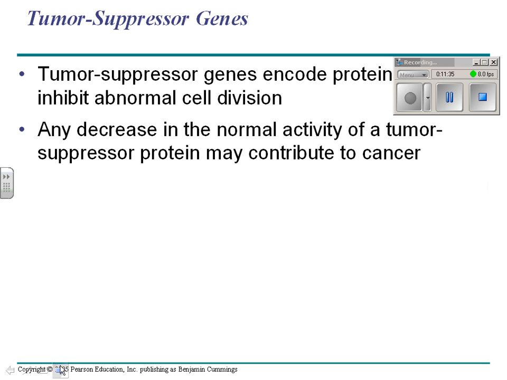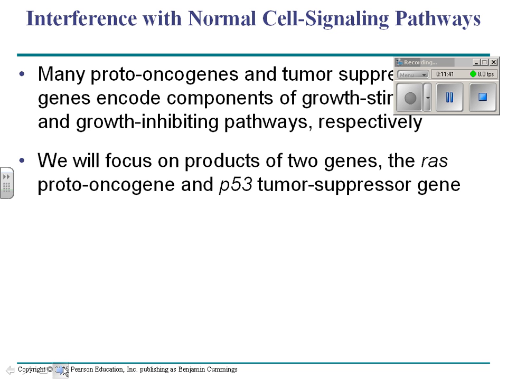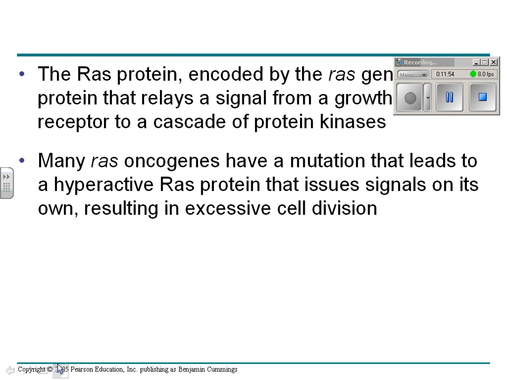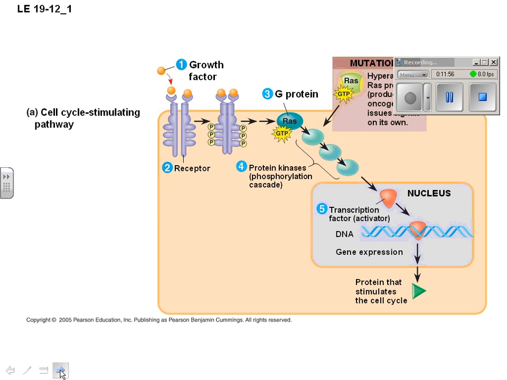There are also tumor suppressor genes, and we're going to talk about both of those in a second. So we're going to look at two genes, a proto-oncogene called the RAS gene and a p53 tumor suppressor gene. The RAS gene is a cell cycle stimulator.